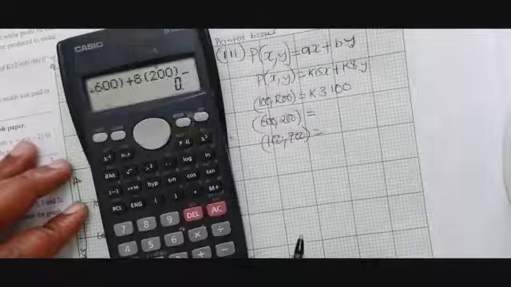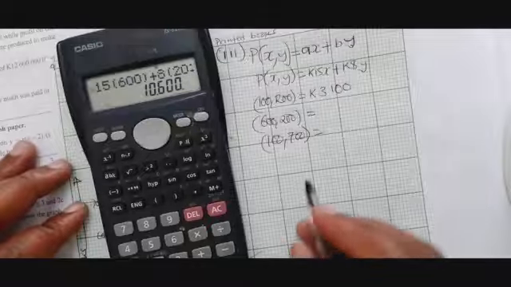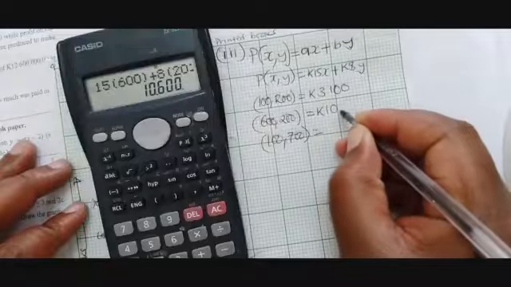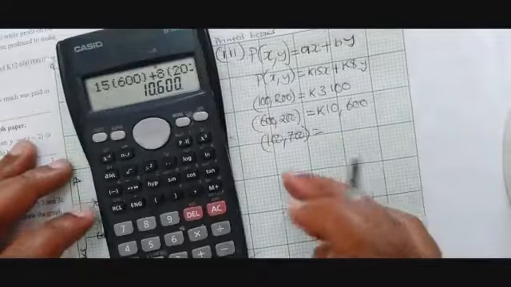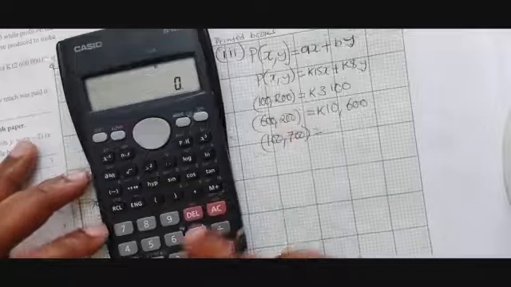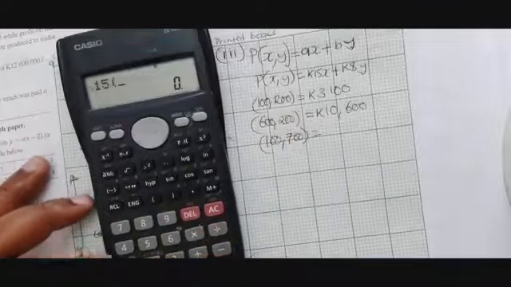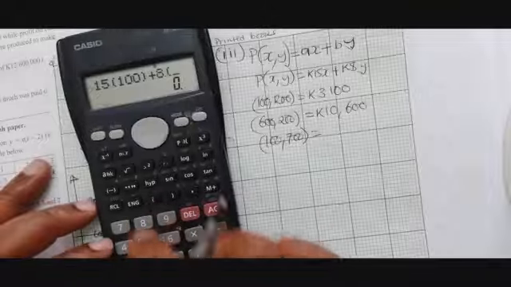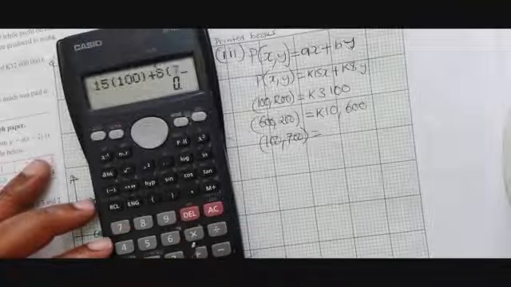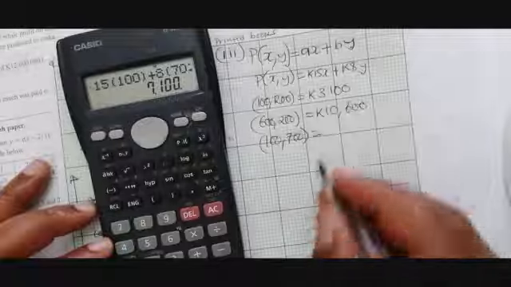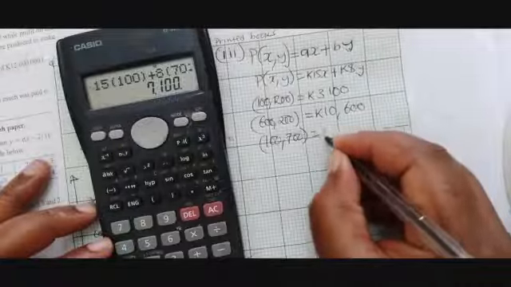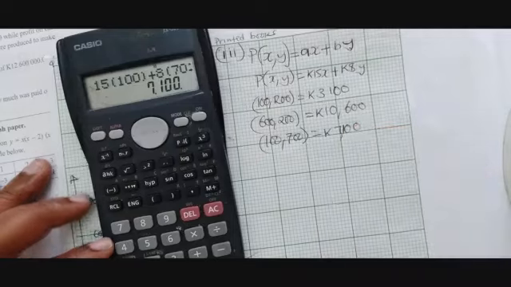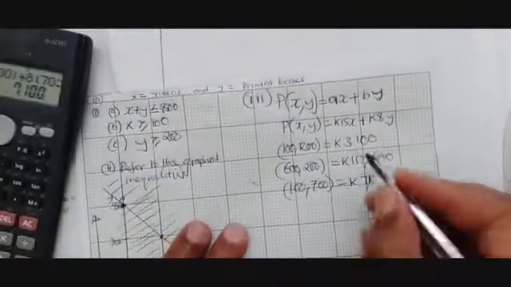What do you get? You get 10,600 kwacha. You come here, you say 15 times 100 plus 8 times 700. What do we get? 7,100. Okay, so we are able to see that the maximum profit is 10,600.